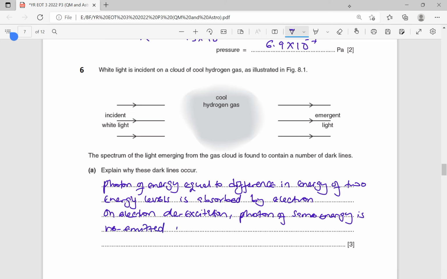But this time it is re-emitted randomly in any direction or in all directions. Which means that only a part of the re-emitted light could be in the original direction.